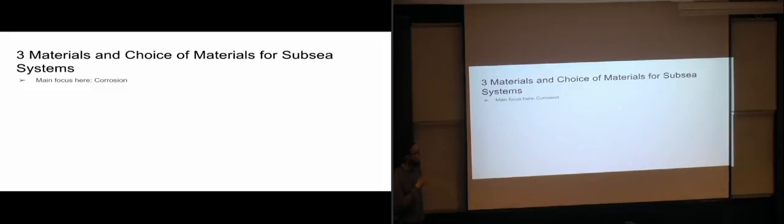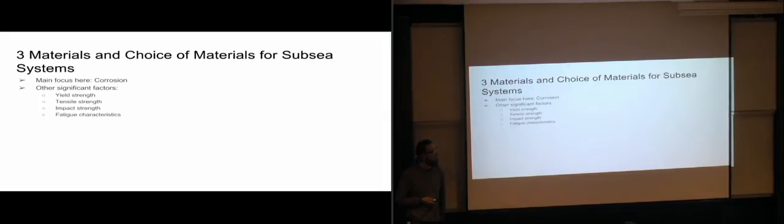And the main focus is corrosion when we're looking at materials, but we can also look at other significant factors, such as the yield strength of the material, the tensile strength of the material, the impact strength of the material, the fatigue characteristics, the manufacturing possibilities, the availability of the material, and also the economy of the material. All of this is going to impact our choice of material when we are working with subsea systems.